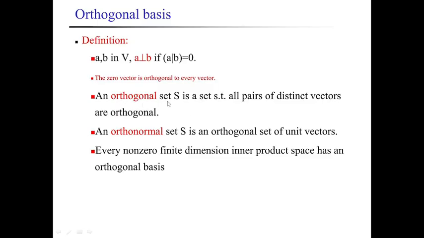An orthogonal set S is a set such that all pairs of distinct vectors are orthogonal. So if you say a set S is orthogonal, it means that any pair of vectors in that set are orthogonal to each other.